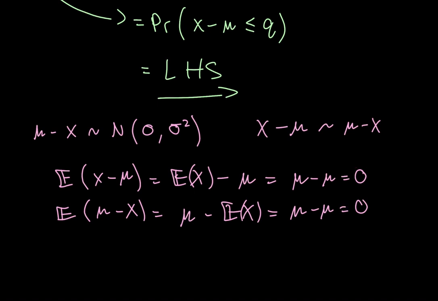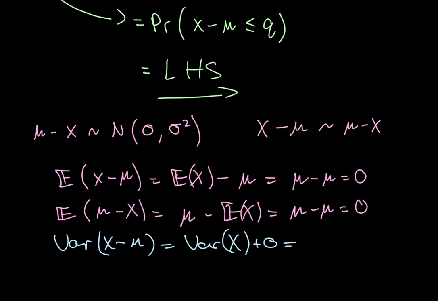Then when we look at the variances, the variance of X minus mu equals the variance of X plus a constant, because the variance of a constant is 0. Constants don't vary. The variance of X, we said, is sigma squared.